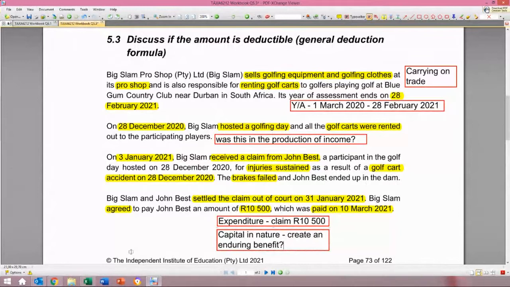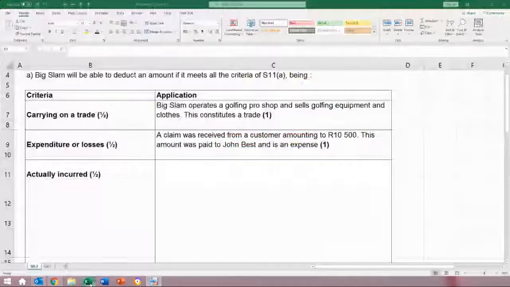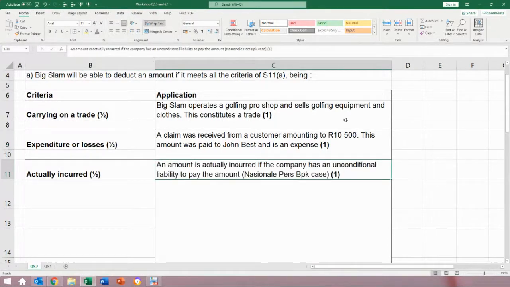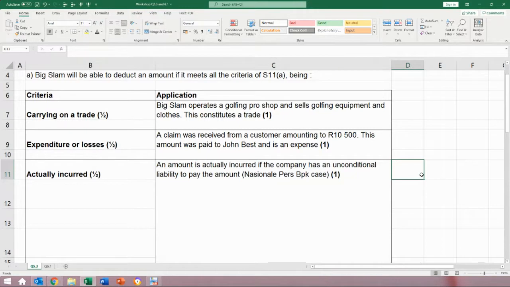Okay, now what we have to look at is, we said when something has been incurred, it needs to be unconditional. It's an unconditional liability, and the court case that talks about that is the National Pash BP case. So you then say an amount is actually incurred in the company if it's an unconditional liability to pay the amount based on that court case, and you would have received a mark.